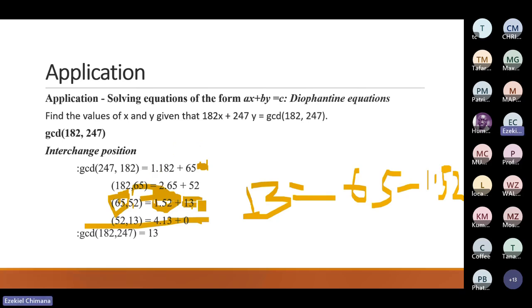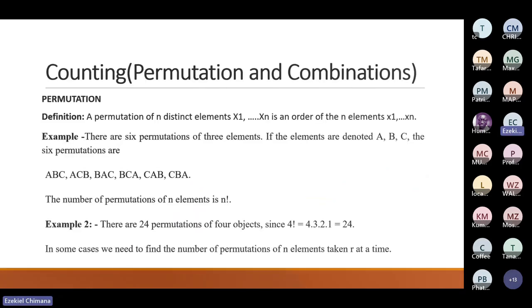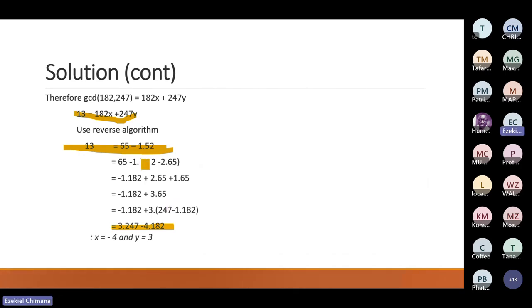So just after that, you move on to the next step. So from here, you go to this step. So you're about to use that step. So if you look at this one, we have this 65 minus 1 times 182 minus 2 times 65.